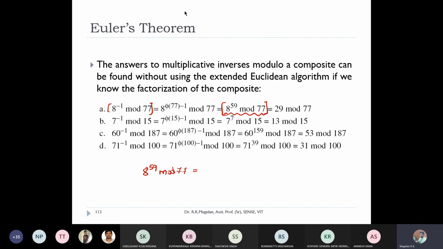Sir, is my calculator giving the direct answer for 8 power 59 mod 77? Can you raise a hand? Guys, please respond. Yes, no, anyone respond.